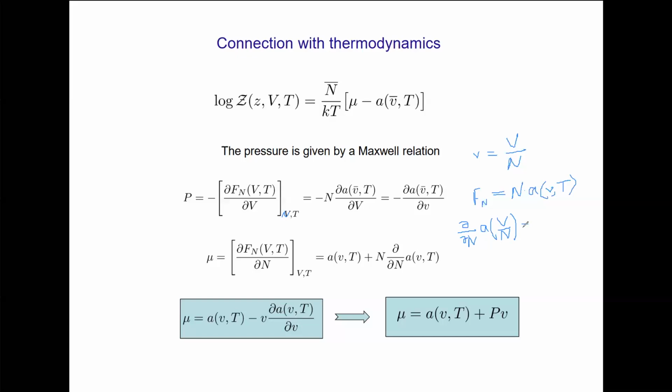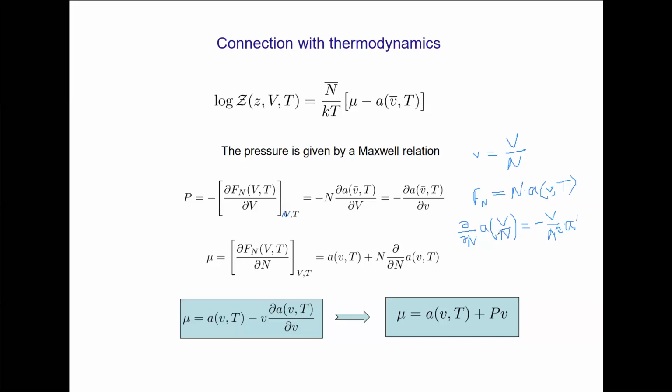When we differentiate with respect to n, we need to differentiate this factor with respect to n, which gives minus V over n squared, times a prime with respect to little v.